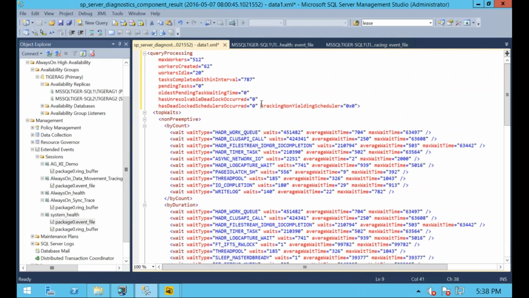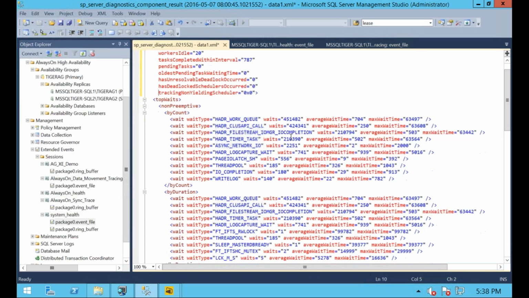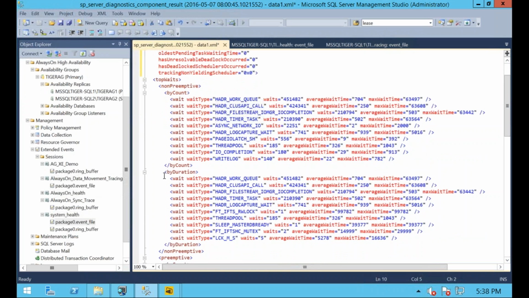So if I look at all of this data, you will see that I've got 512 worker threads, I've got 62 workers currently created, and I don't have any pending tasks, which tells me my system is actually doing very, very good. Now, I also would be able to find out the waits by duration.